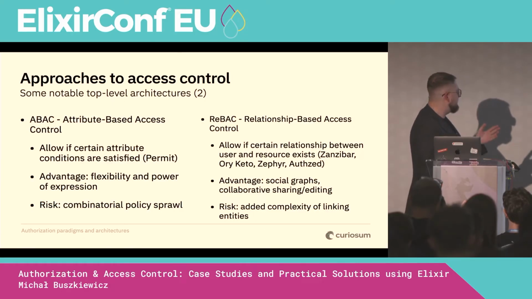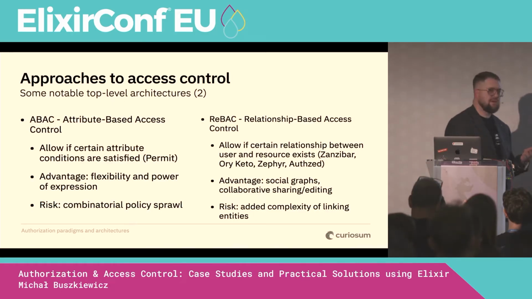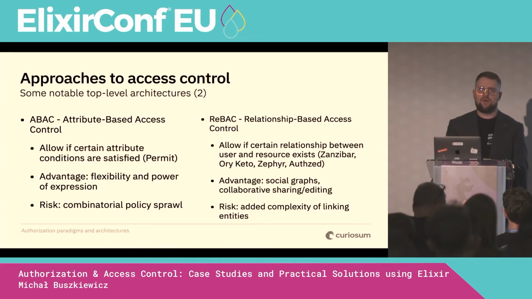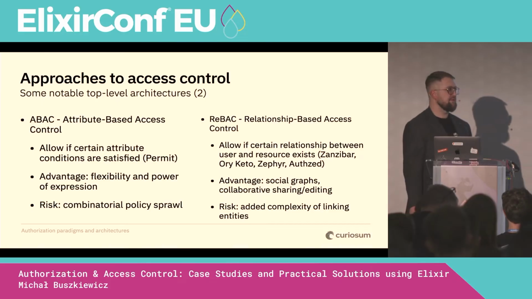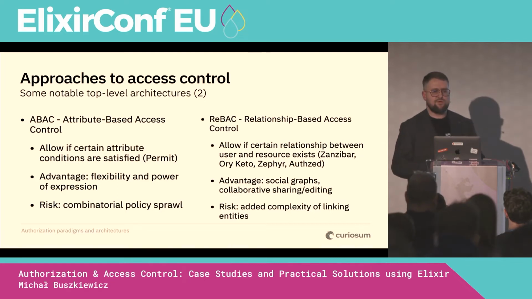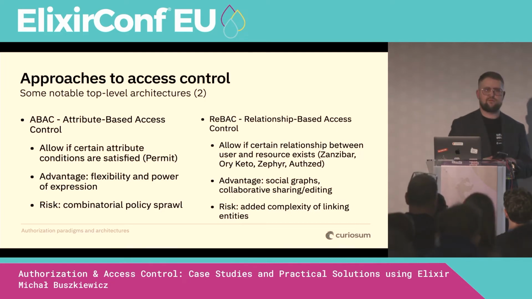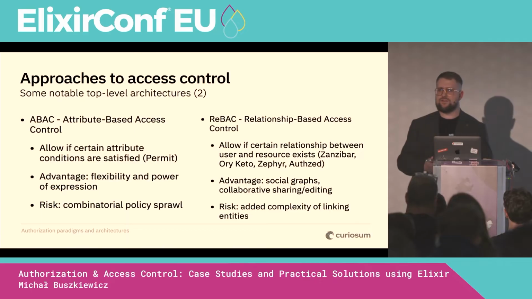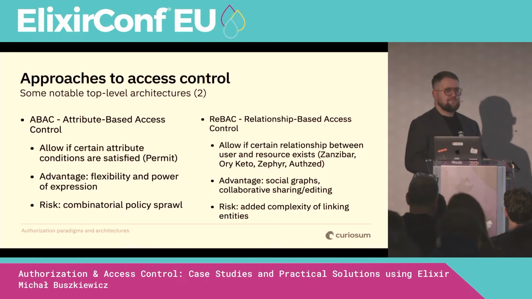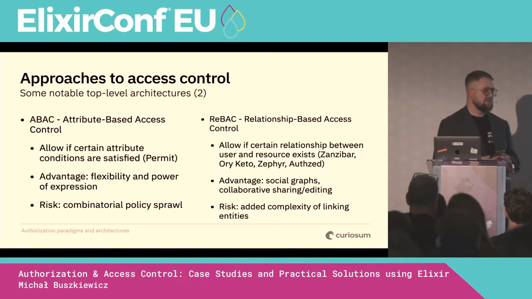The advantage is flexibility and the power of expression because we can do pretty much all possible architectures of authorization with this kind of structure. But there is also some combinatorial policy sprawl, and we need to be quite careful in terms of testing, because the engine might be well tested, but the implementation of the rules themselves is up to us, so it's our responsibility.